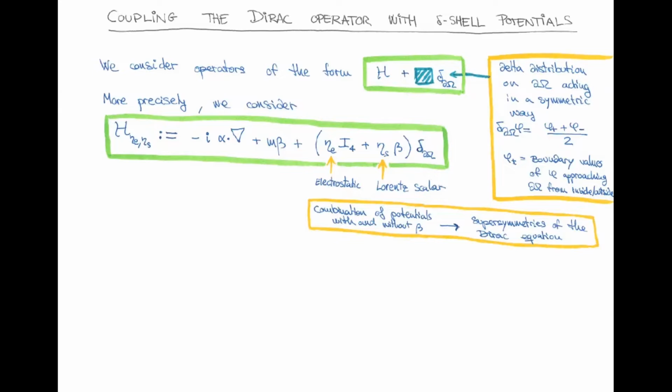And also, you can put a Dirac delta, but you can also put some constant, a coupling constant, multiplying this operator, and the behavior should depend on lambda, on this coupling constant.